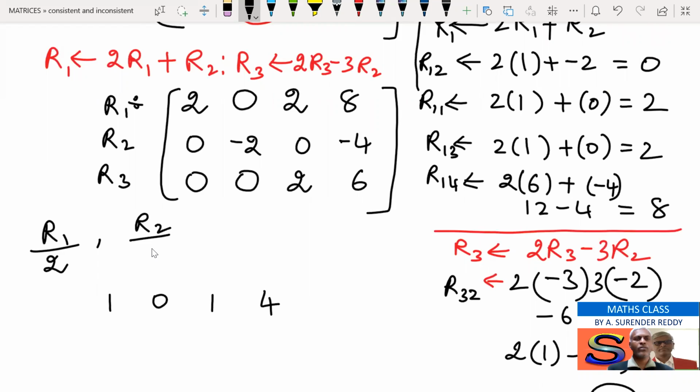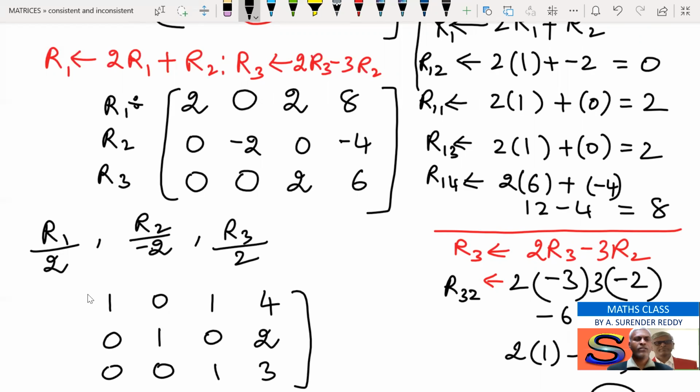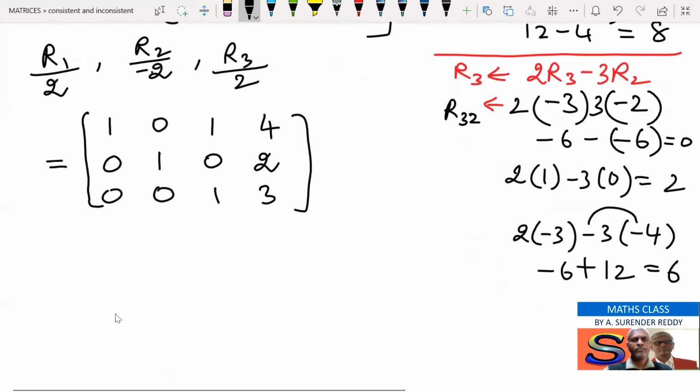R2 can also be divided, let us divide by -2. So 0 by anything is 0, -2 by -2 is 1, 0 is 0, -4 by -2 is plus 2. Also R3 can be divided by 2: 0, 0, 2 by 2 is 1, 6 by 2 is 3. So to simplify the numbers, we can divide them.